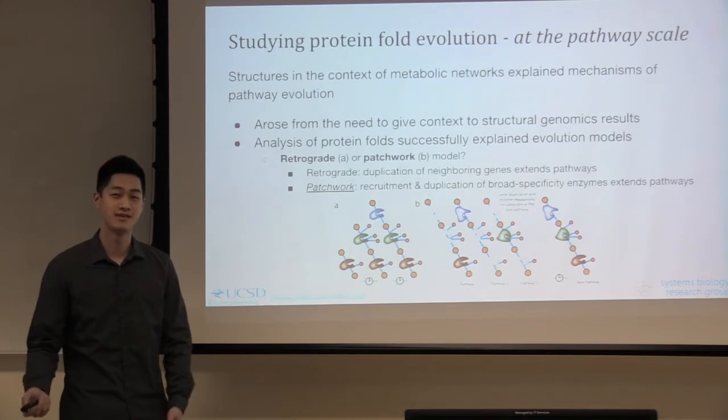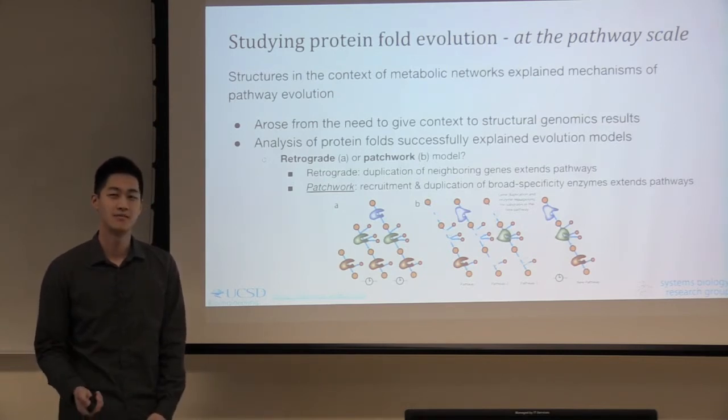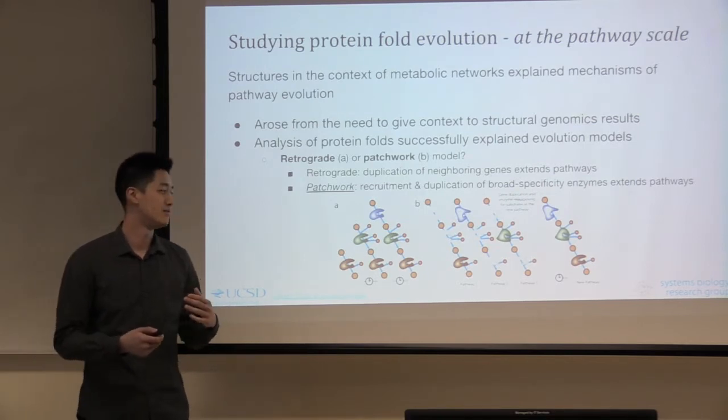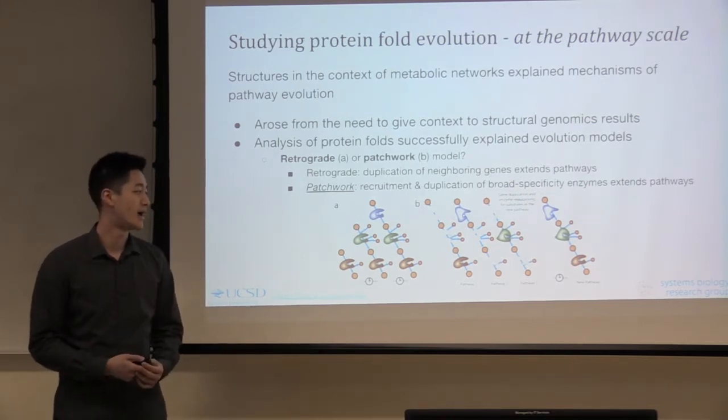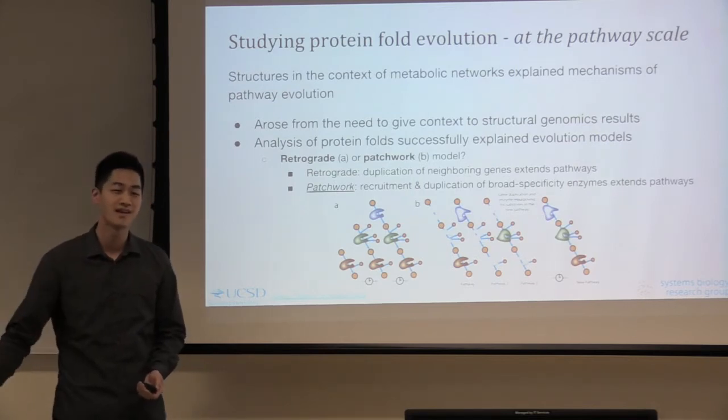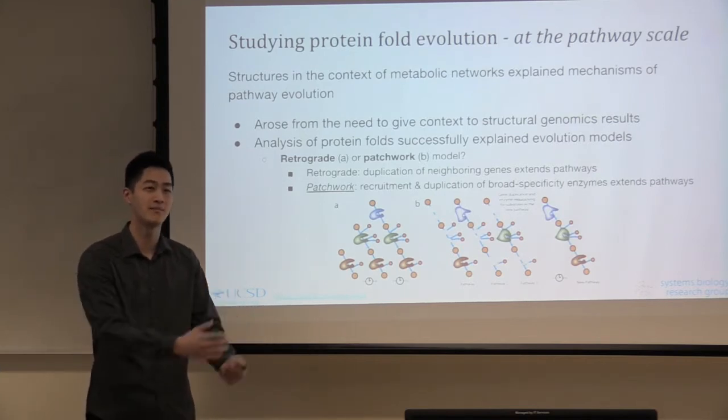With these folds defined for every single enzyme within a metabolic network, they wanted to understand, do metabolic networks evolve by recruiting their neighbors? So their neighbors may look the same as them and maybe carry out a similar function, so the next step in a metabolic pathway.